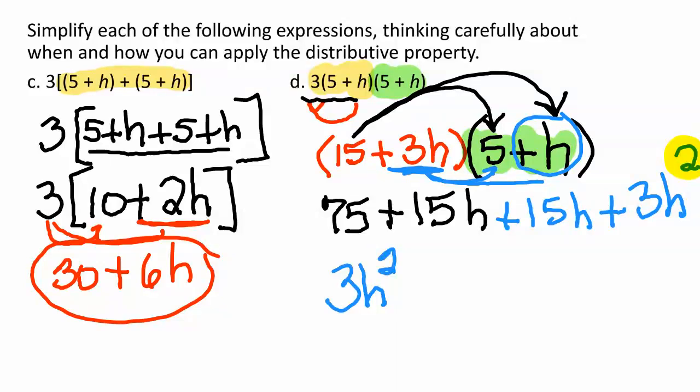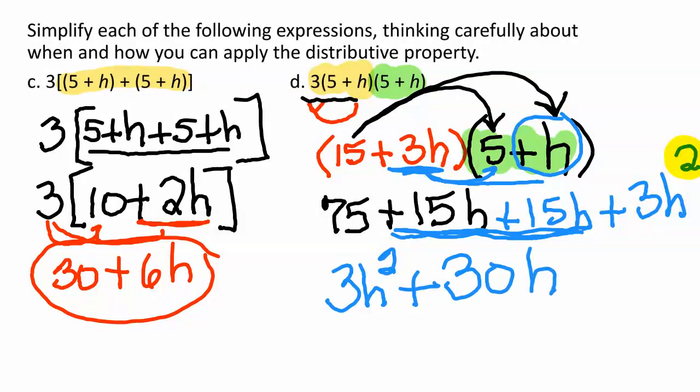Now remember, when you FOIL, these two terms are going to come together, which is plus 30h, and the 75 is at the end. Order of operations. One has 2 parentheses inside a bracket. I have to then combine terms of those brackets. That is giving me 10 plus 2h. Then I distribute.